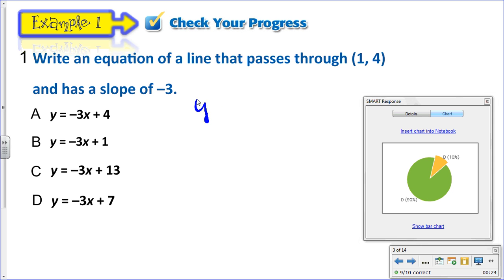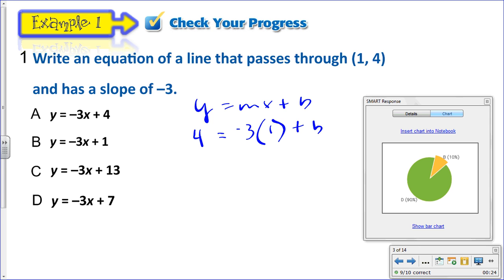Everybody tell me why it's not working. First, what goes for the y? What's the n? What's x? We're trying to find these, right?